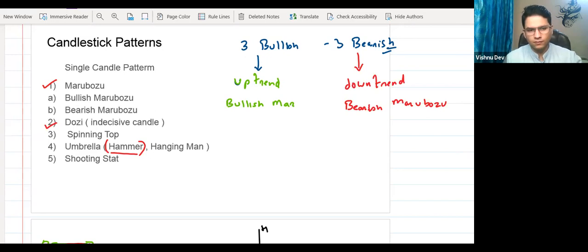The wicks are mostly equal in length. So I can say that opening and closing will almost be similar. Yes, sir.